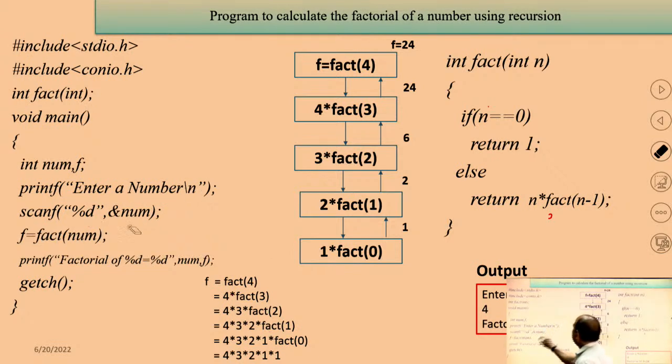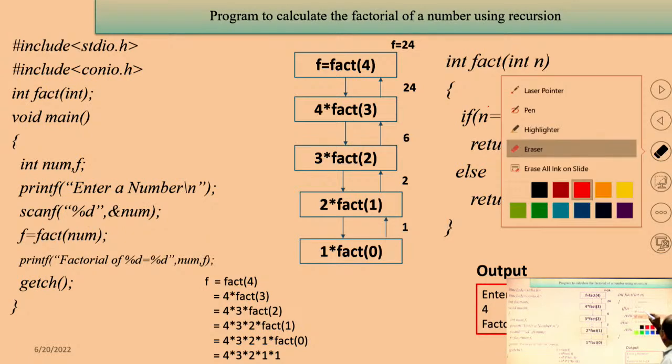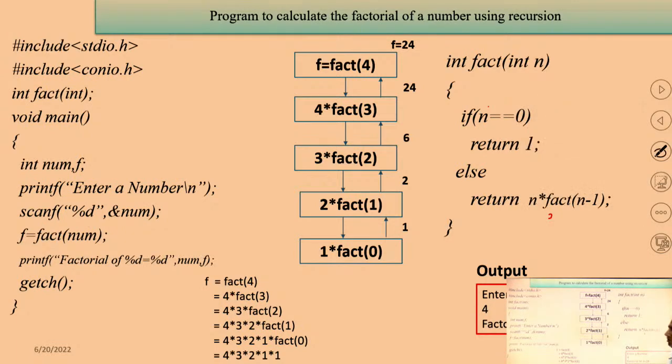So whenever there is a choice between recursive calling and iterative calling, we should prefer iterative calling, because the execution time of iterative calling is reduced as compared to recursive calling.